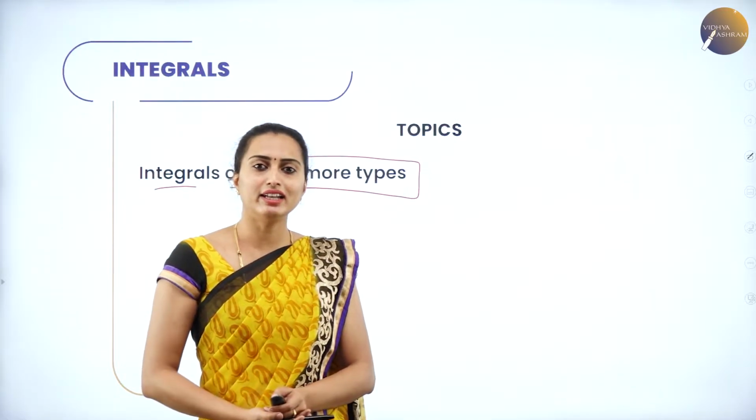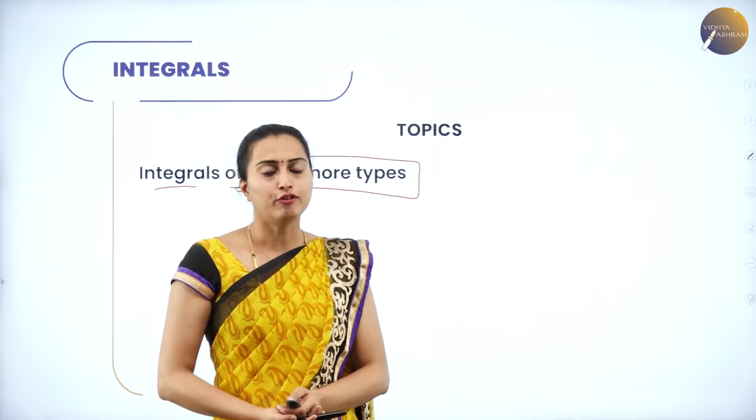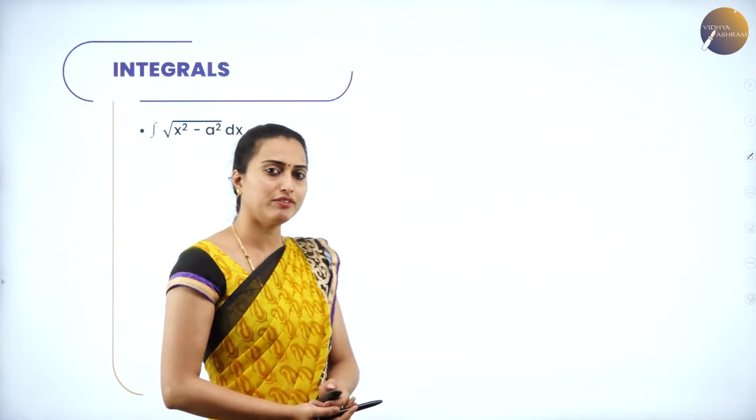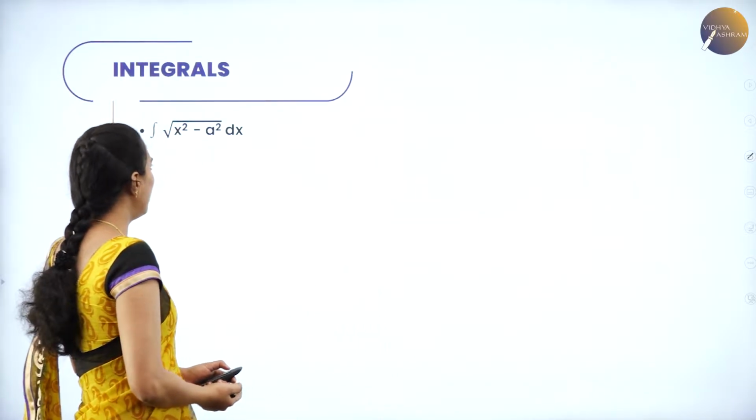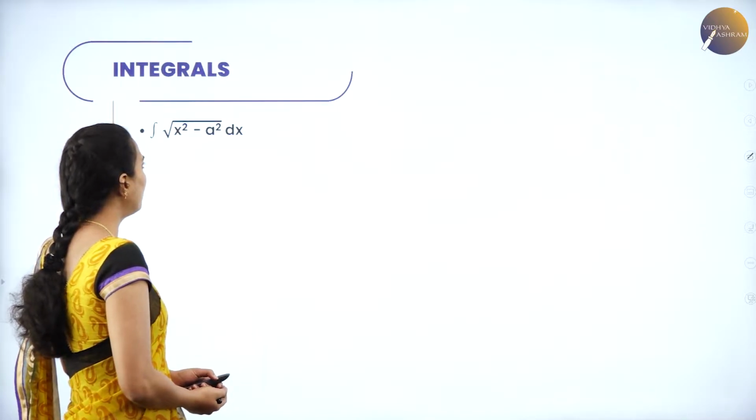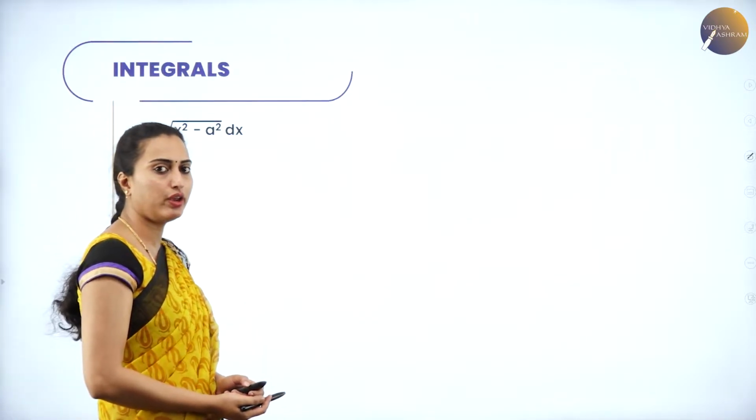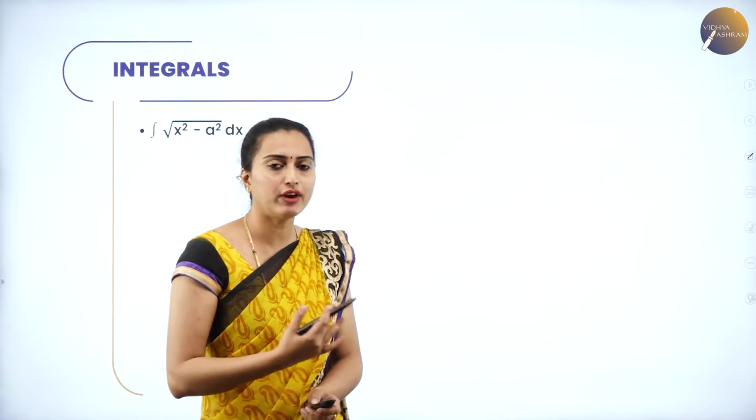Now, without any delay, let us move on to the formula proof, dears. Now, what they have asked? First, a formula is integral of root of x squared minus a squared into dx. Now, let us find this integral.